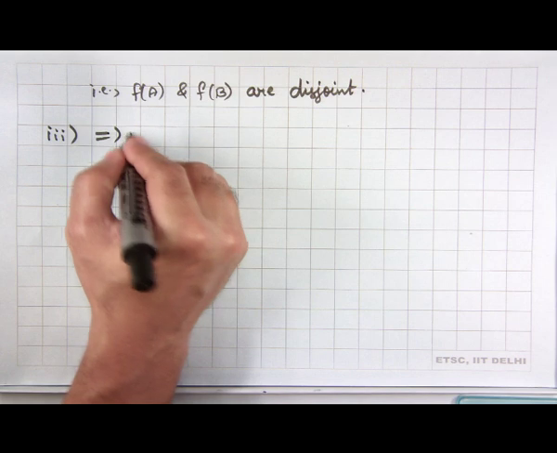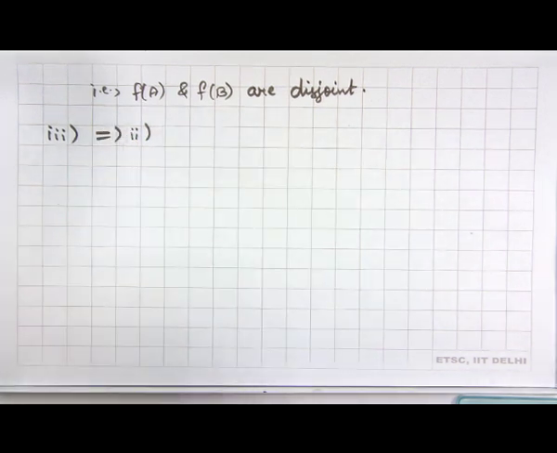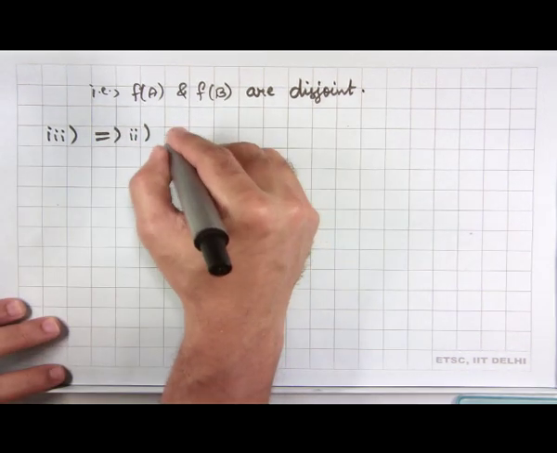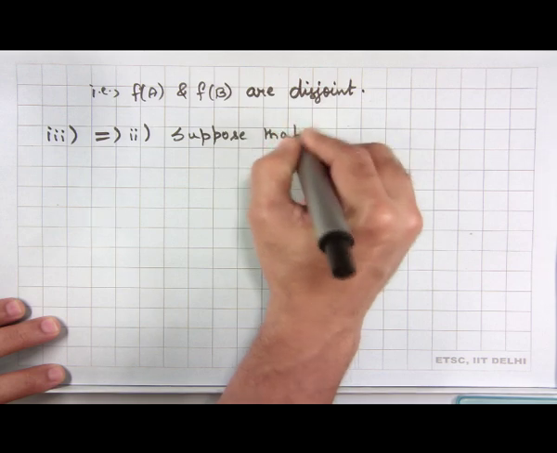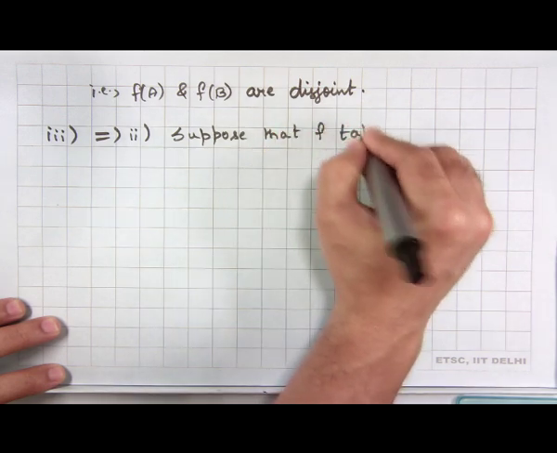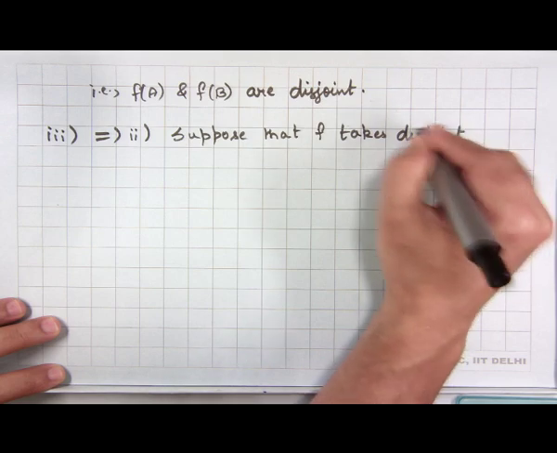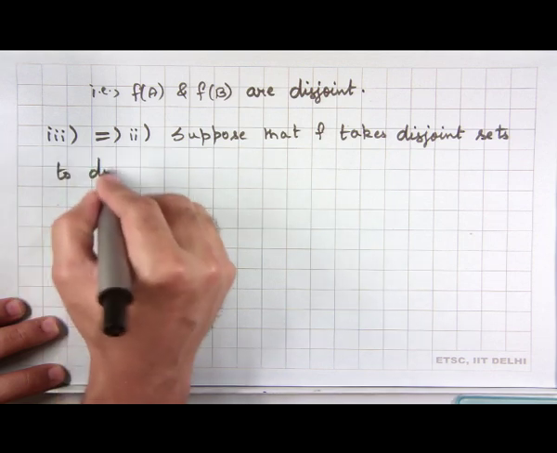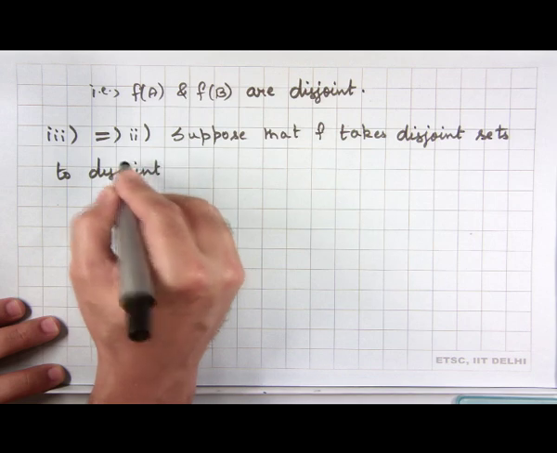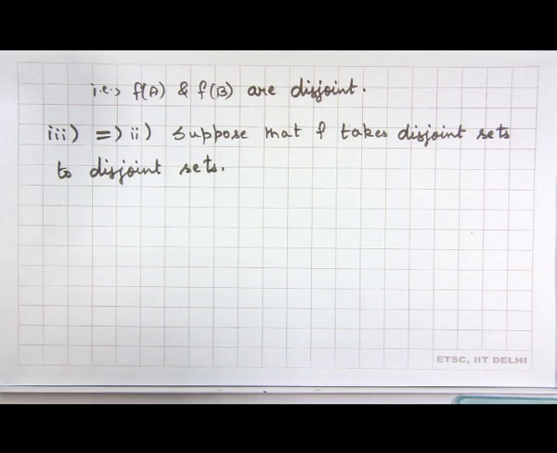Having said these two, now let us prove the third equivalence: 3 implies 2. Suppose that f takes disjoint sets to disjoint sets, then what we will have to show is that f is 1-1.